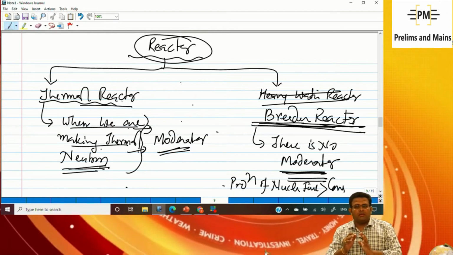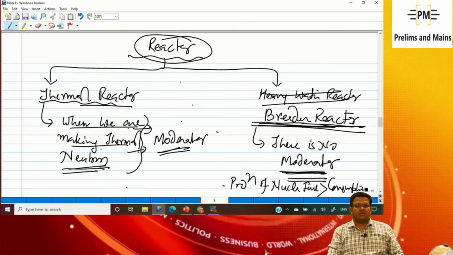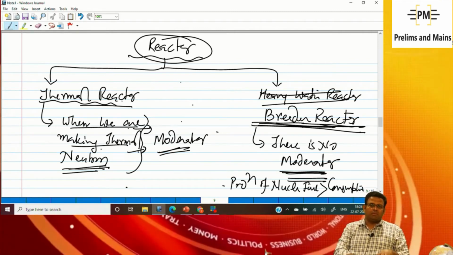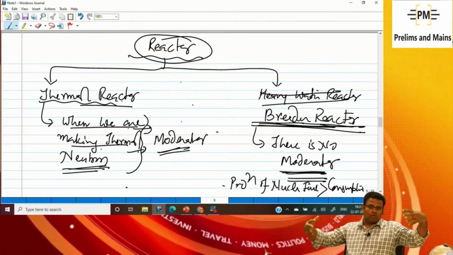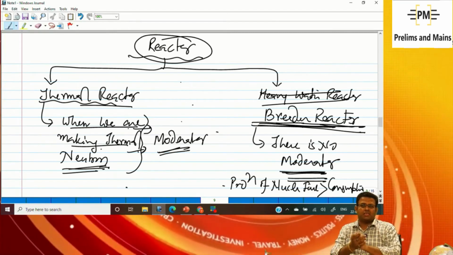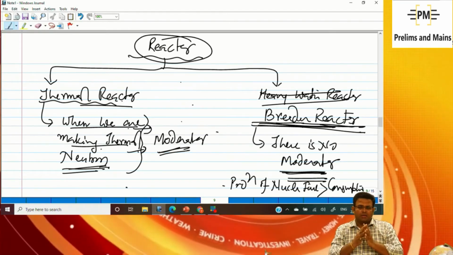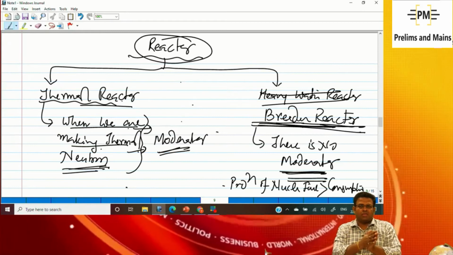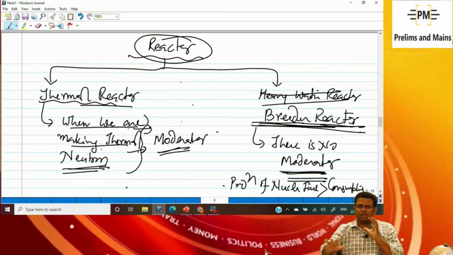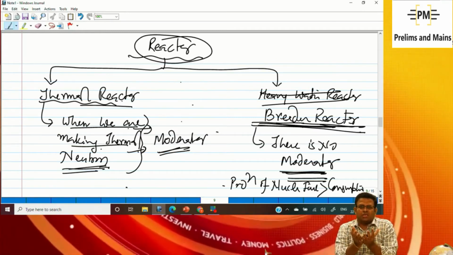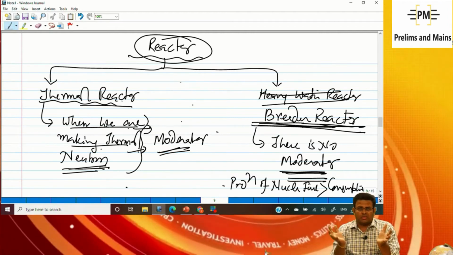Simple. If anybody asks what is the meaning of breeder reactor, breeder means we are breeding new fuel. So in the breeder reactor there is no moderator, but our concern is the fast neutron.